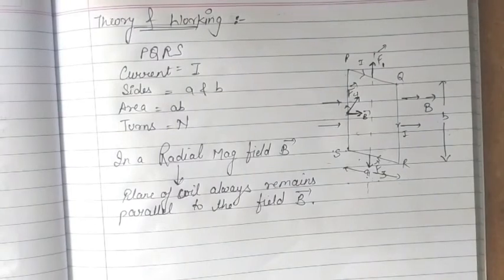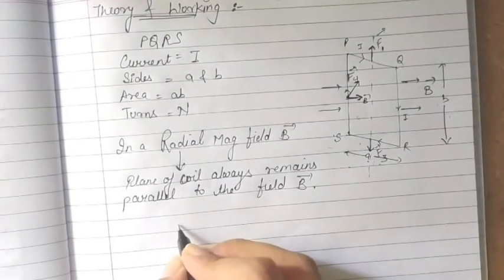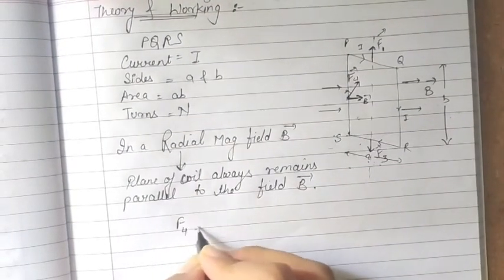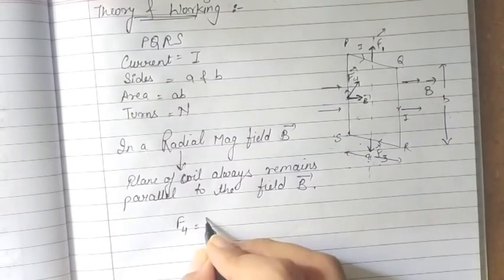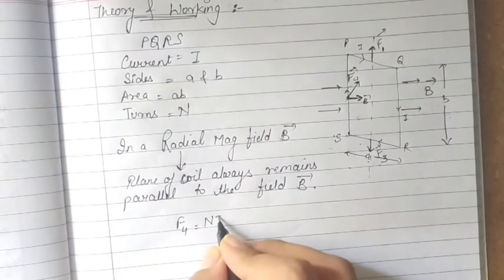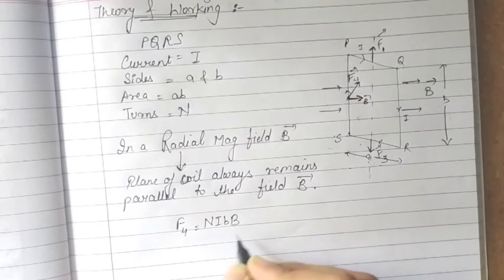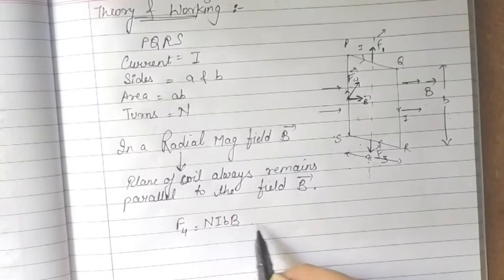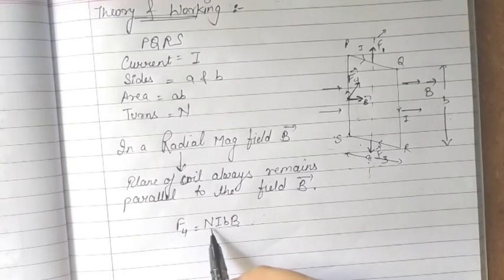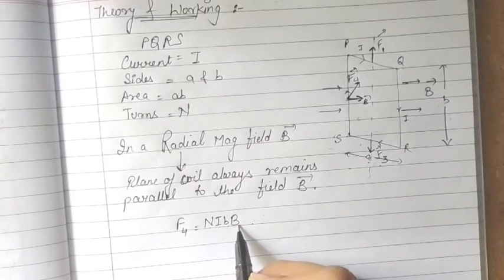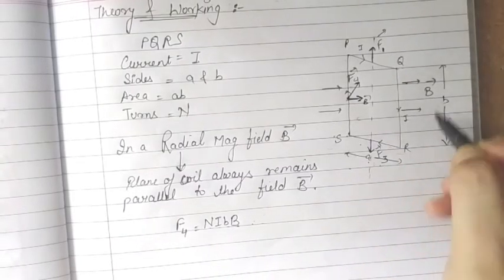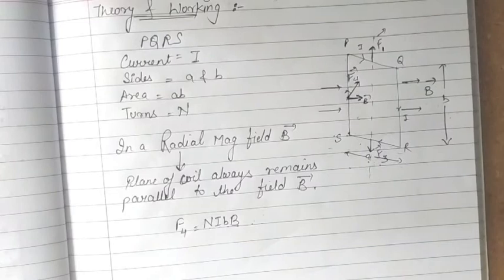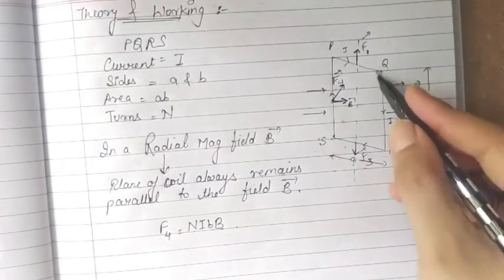I am talking about F4; this force will be equal to N I b B. Actually this force is N I b B sine theta, but theta is 90 degrees, sine 90 is 1, so the force will be N I b B.